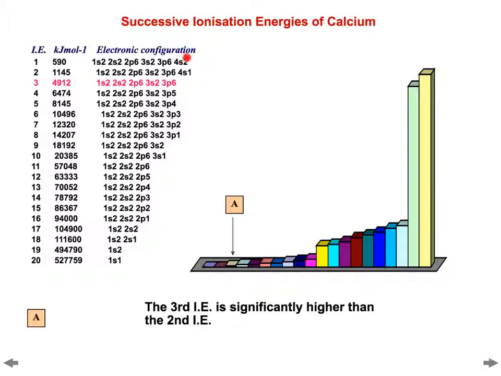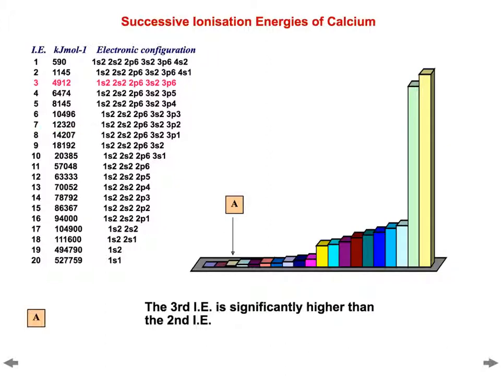So they're removed from shell 4. But this third electron, we're now removing from shell 3. Now remember, shell 3 is a lot closer to the nucleus. It has less shielding, so therefore it's much harder to remove that third electron. Again, as you remove more electrons, it takes more and more energy, obviously, because you're going up to higher positively charged ions.